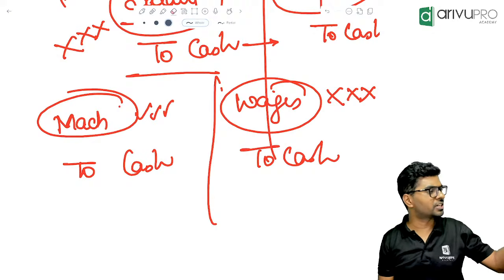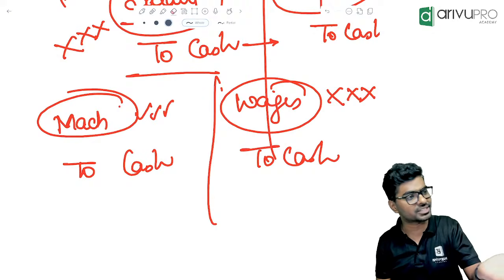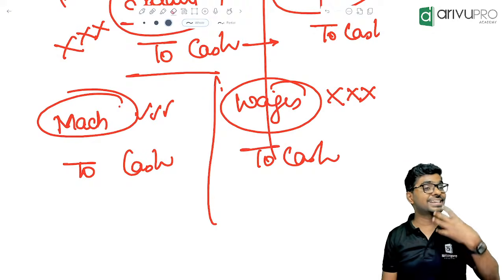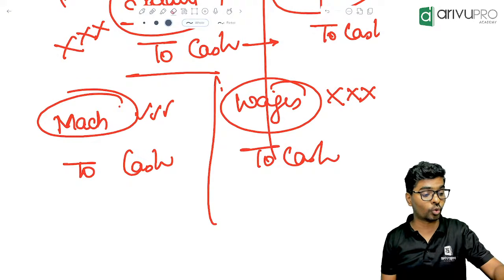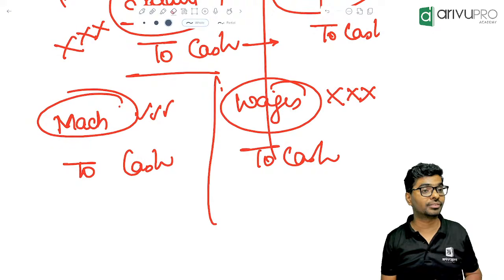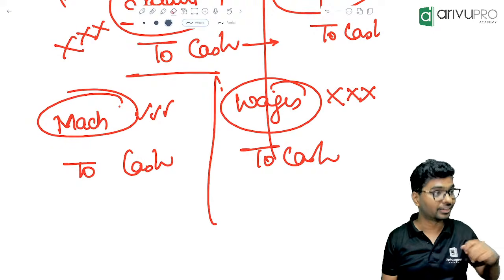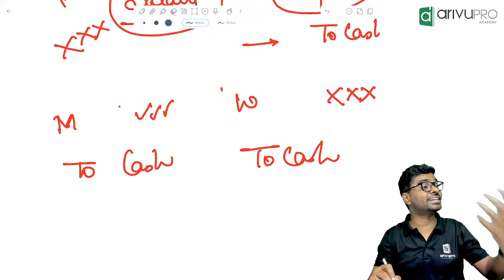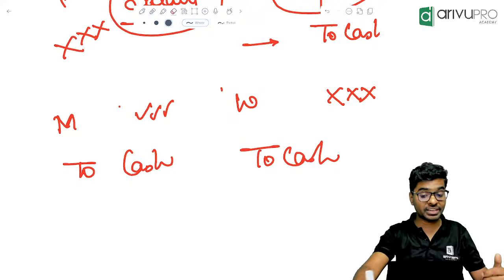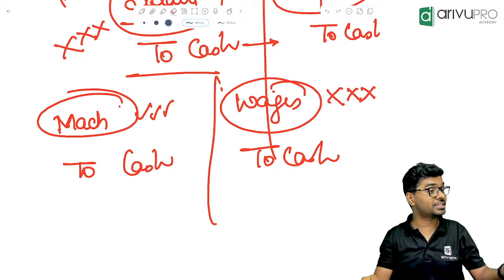Instead of machinery, you wrote it as wages. Wages is an expense. When you write an expense, will your profit go up or go down? It is going down. So, because of doing this error, your profit changed, whereas in the previous error, did the profit change?